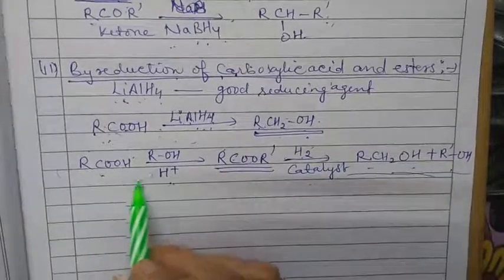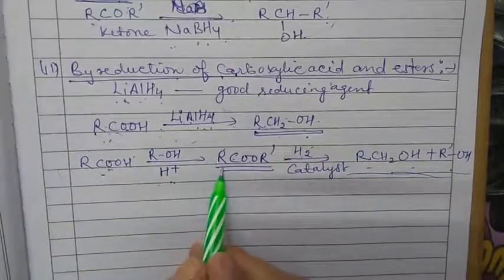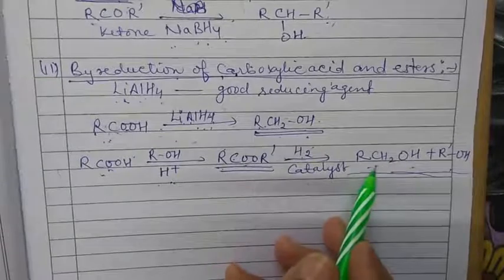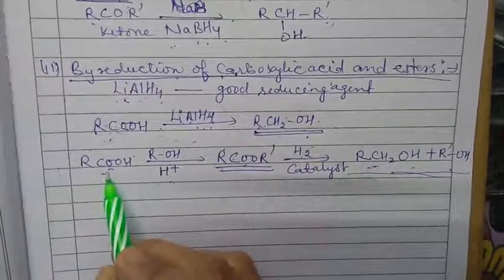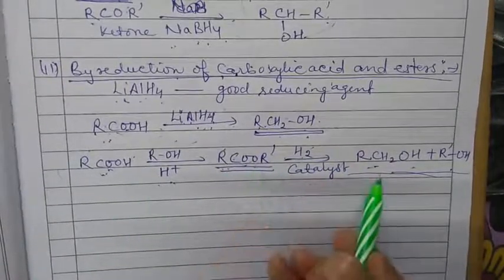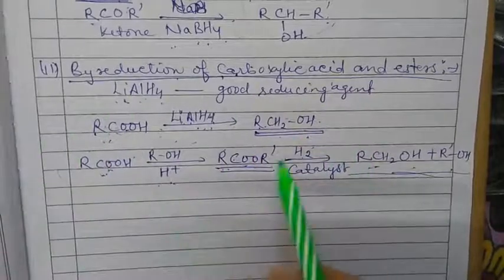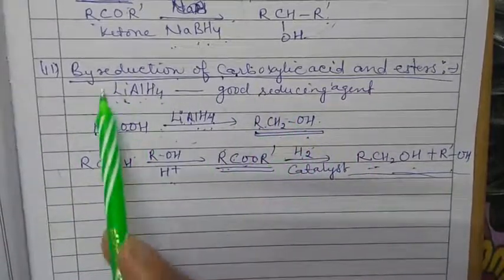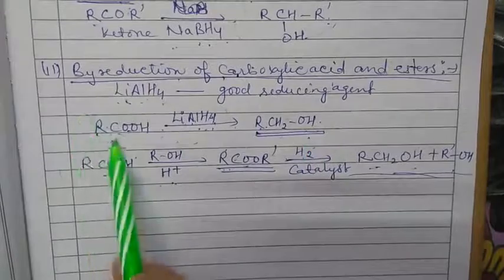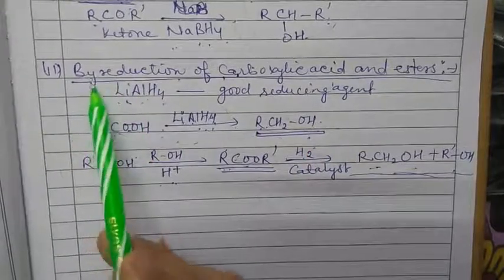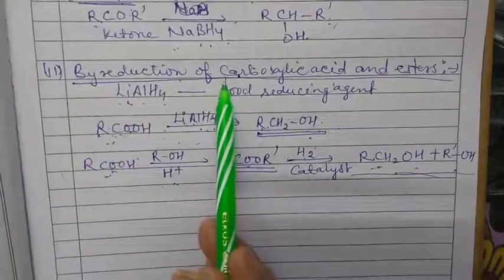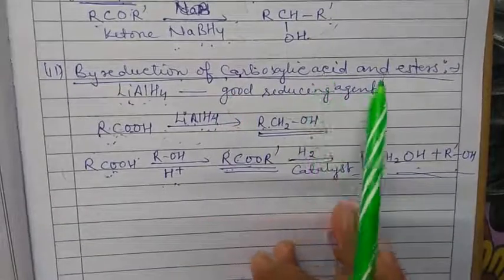So first acid is converted into ester and then ester is converted into alcohol. With this method we can easily get alcohol from the acid, and this method is called reduction of carboxylic acid and ester to alcohol.